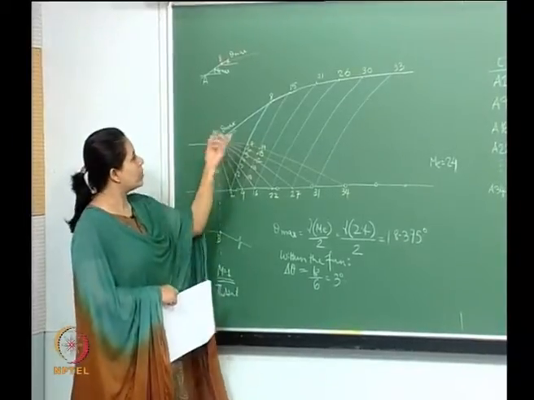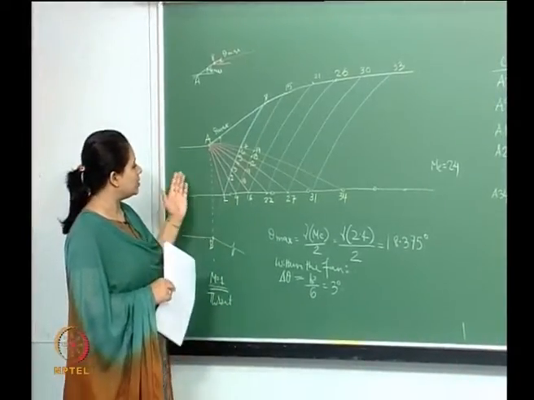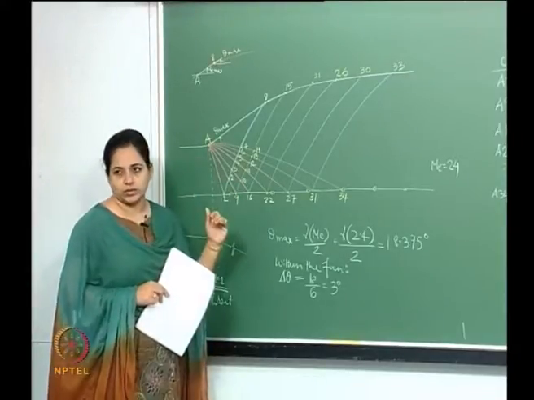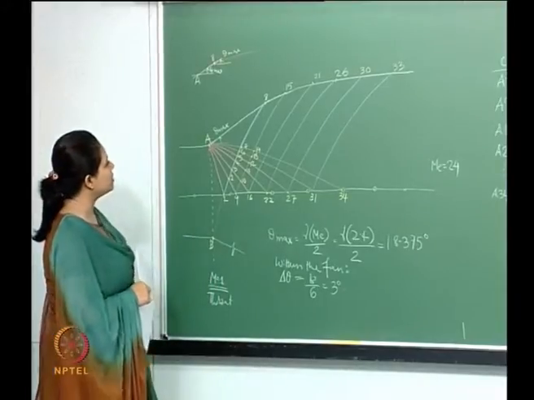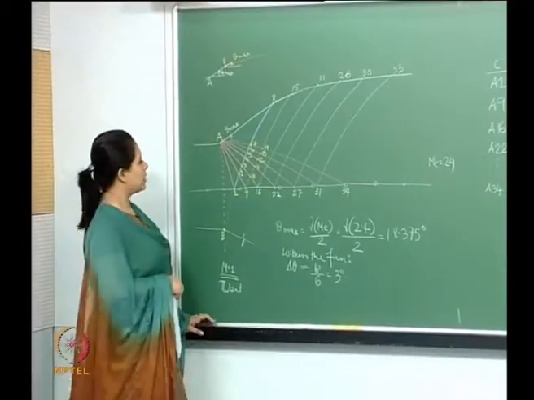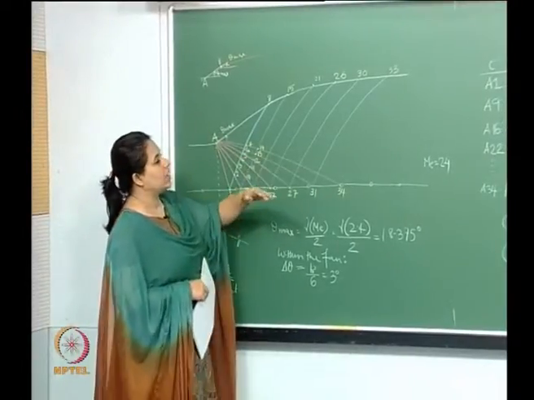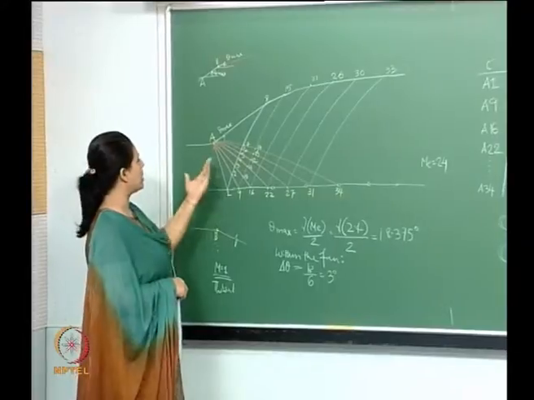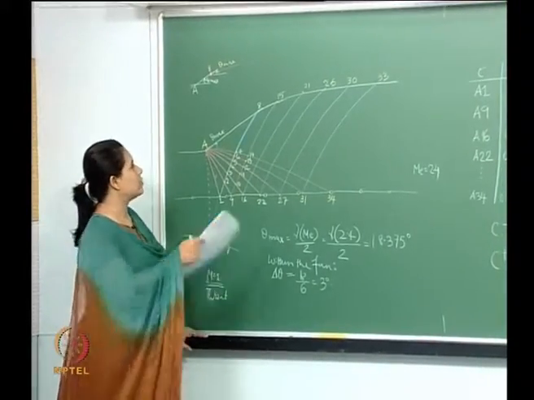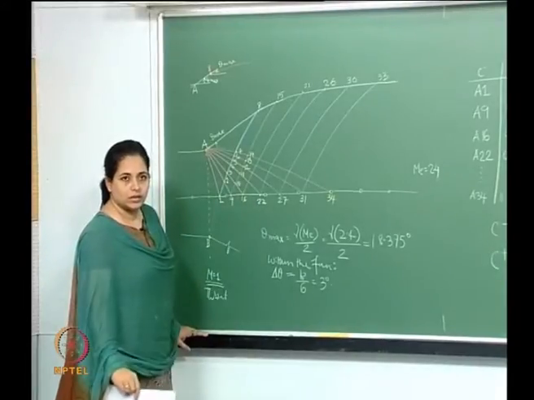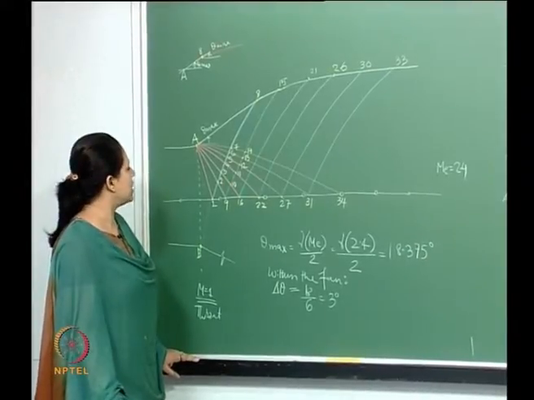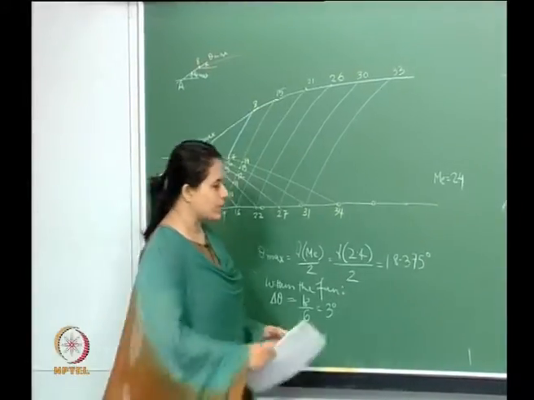We connect them by straight lines, and basically on this grid we are solving the governing equations by means of the compatibility equations. On the right running characteristics and left running characteristics, we use the corresponding compatibility equations, and hence we are able to locate points on the surface. That's all there is to this problem.